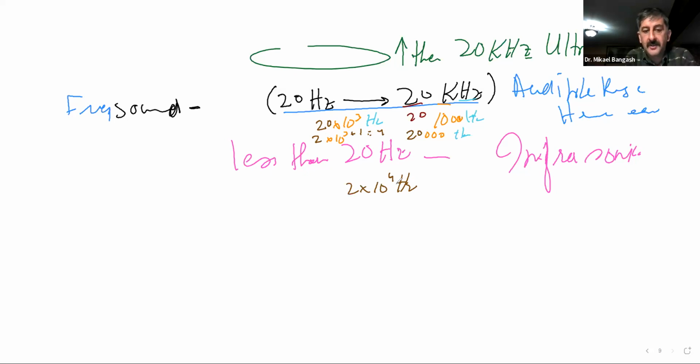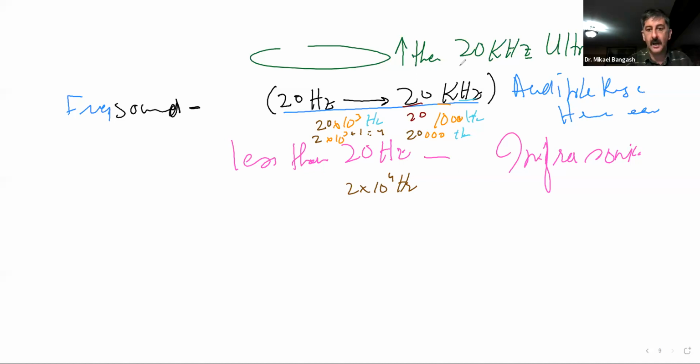That would be 20,000 hertz. But guys, anything greater than 20,000 hertz or 20 kilohertz is going to be ultrasonic.